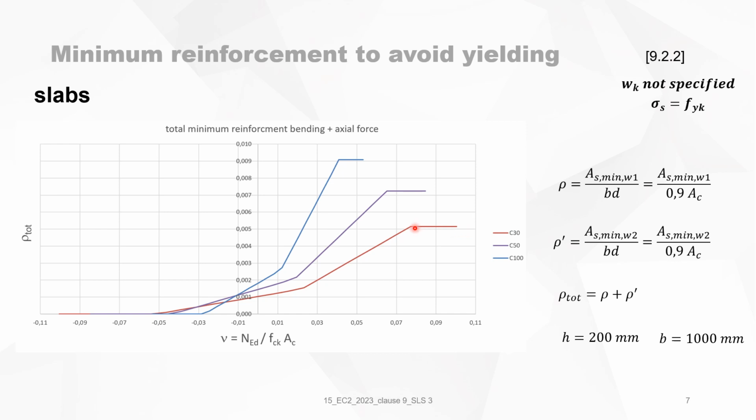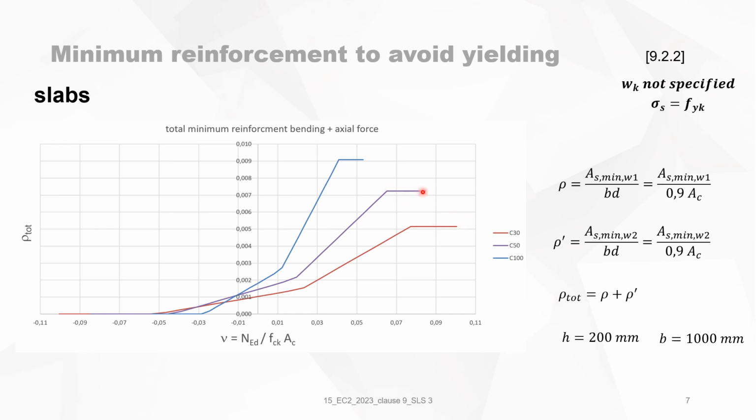We have done that for different concrete qualities, starting from C30 up to C50 and from C50 up to C90. For all concrete qualities in between, for concrete between C12 and C50, it's proportional. It goes from there to there, proportional according to this slope.